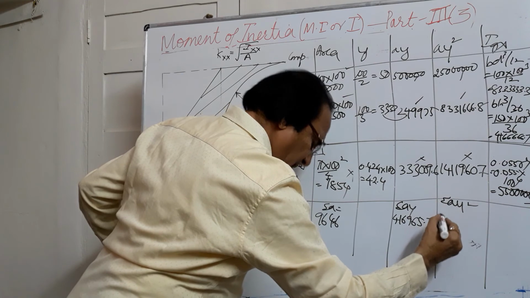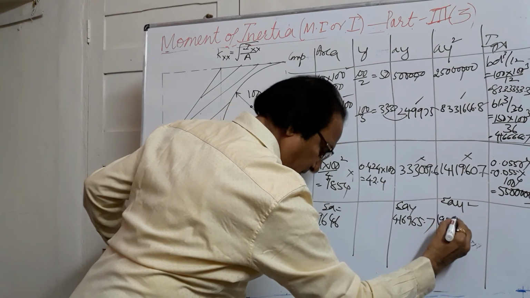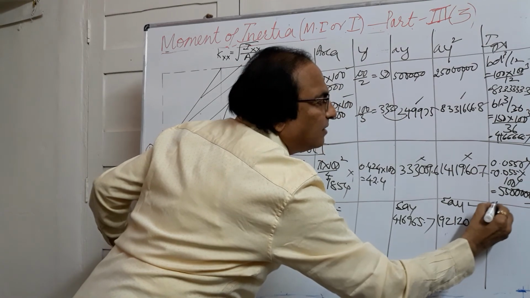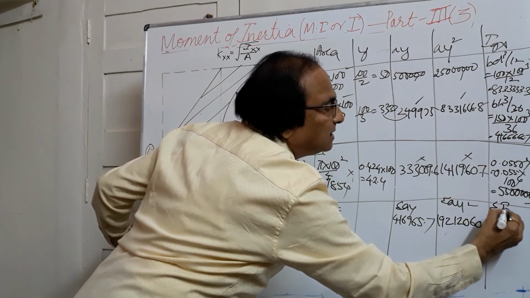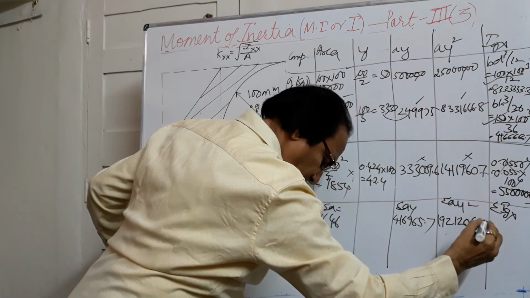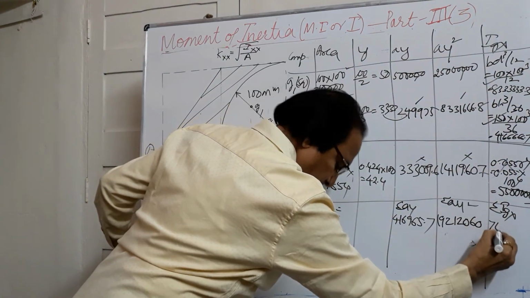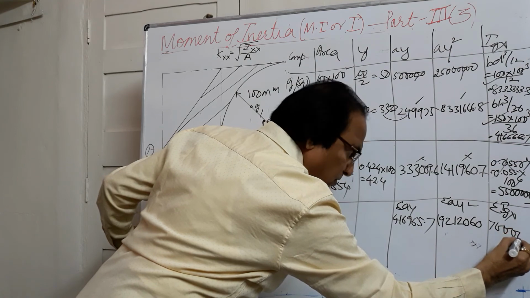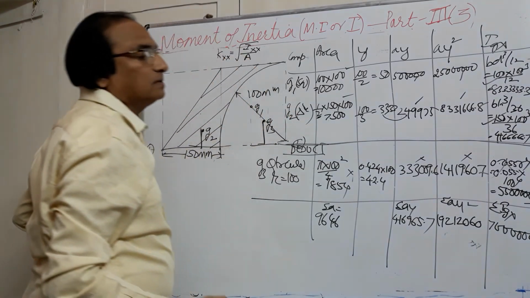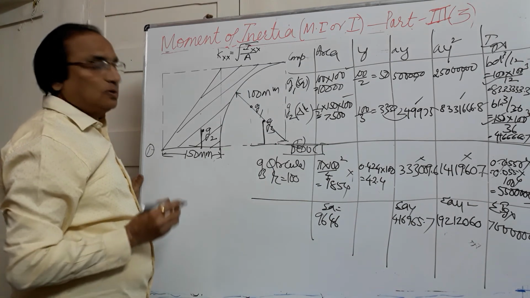If you add this, 19212060. And if you add all this, IGX, this plus this minus this, you get 7000000. So this is the value you get from the table.